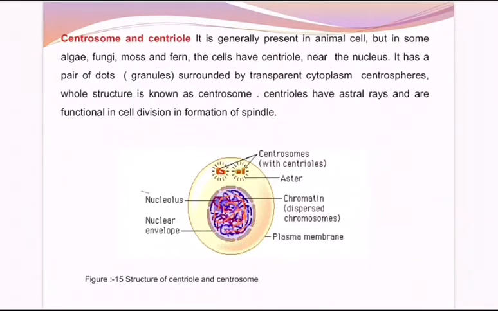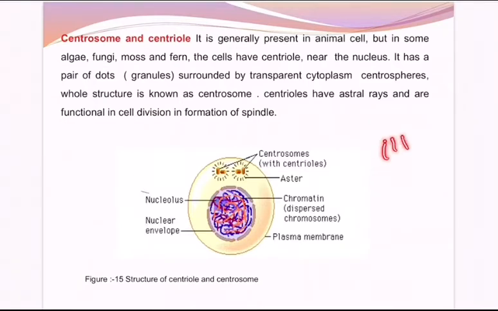It has a pair of dots, granules, surrounded by transparent cytoplasmic centrospheres. The whole structure is known as centrosome. Centrioles have astral rays and are functional in cell division.